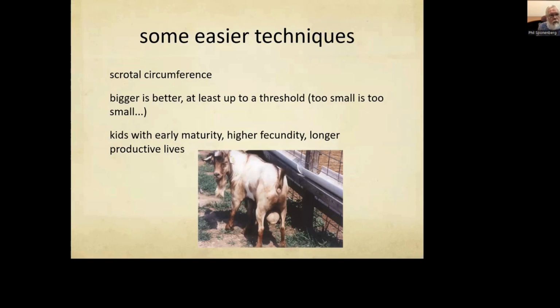So they're going to produce kids with early maturity, higher fecundity or prolificacy, and a longer productive life. That's going to tell you something. This one's easy and can actually make a difference in the generations as they come along. Next.